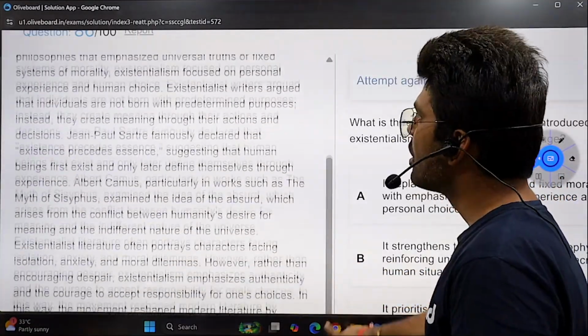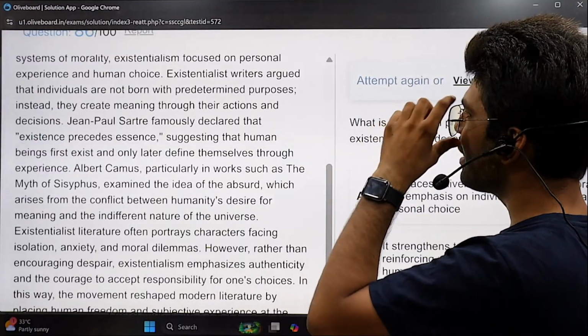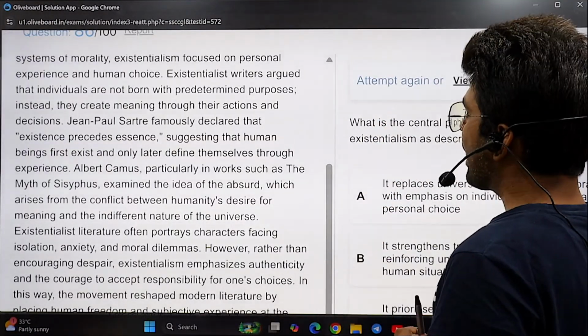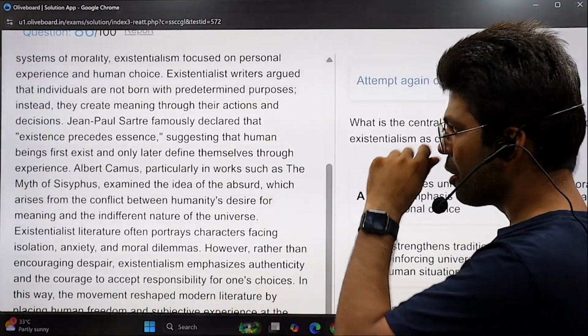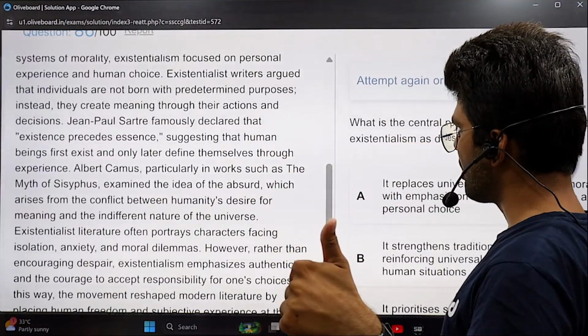Writers argued that individuals are not born with predetermined purposes. Instead, they create meaning through their actions and decisions. He declared that existence precedes essence, suggesting that human beings first exist and later define themselves through their experience.